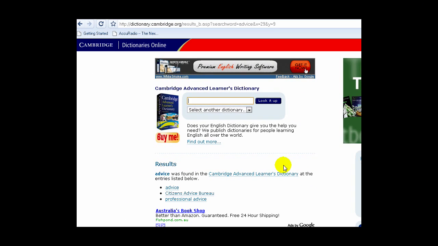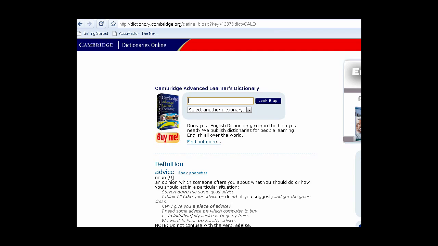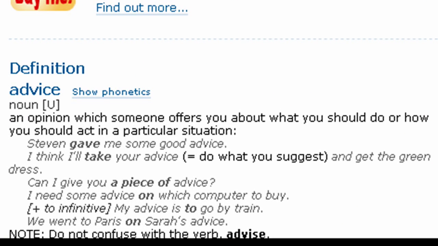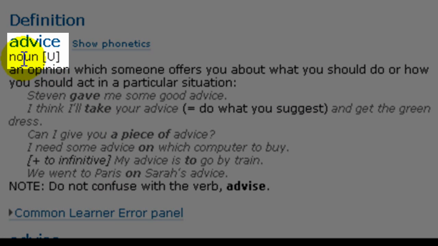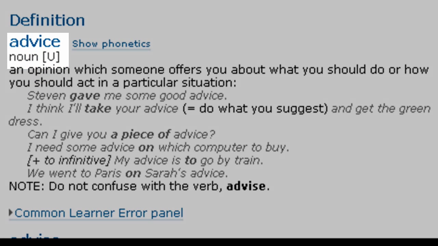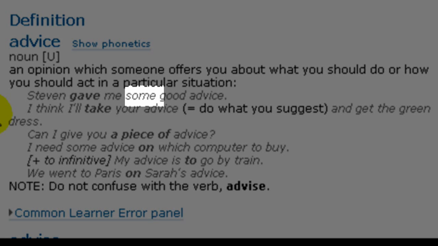And in the selection we'll choose the noun advice, and we can see that here as a noun it has a U. The U of course stands for uncountable. So now we know that advice is uncountable. You can't use 1, 2, 3, 4 with it. You have to use a different sort of a word, like some advice, for example.